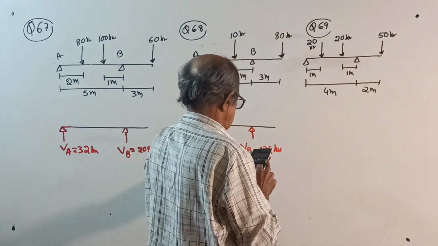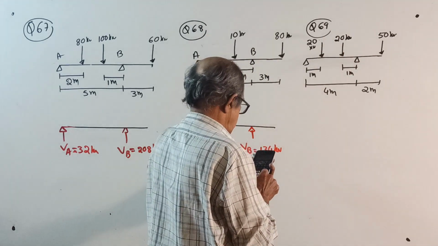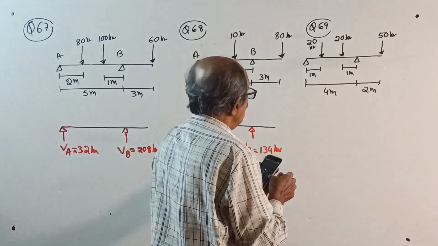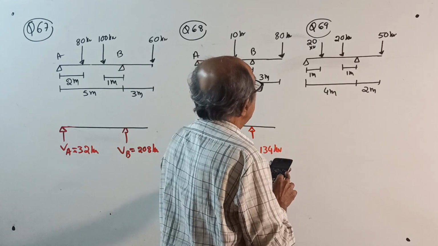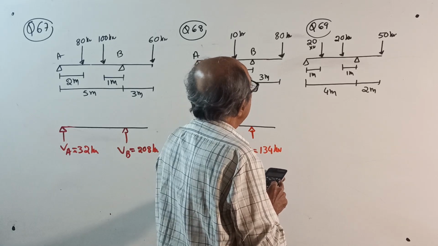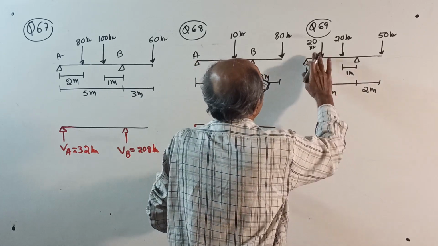Answer. I know the answer. 15 into 6, 90. No, something wrong. 15 into 100. I want the opposite 100 here. 20 into 1 is 20. Not 20, 25 kilonewton. Not 25.